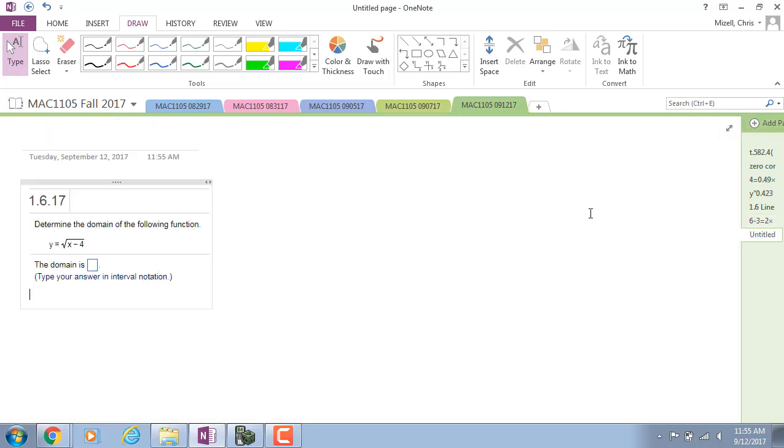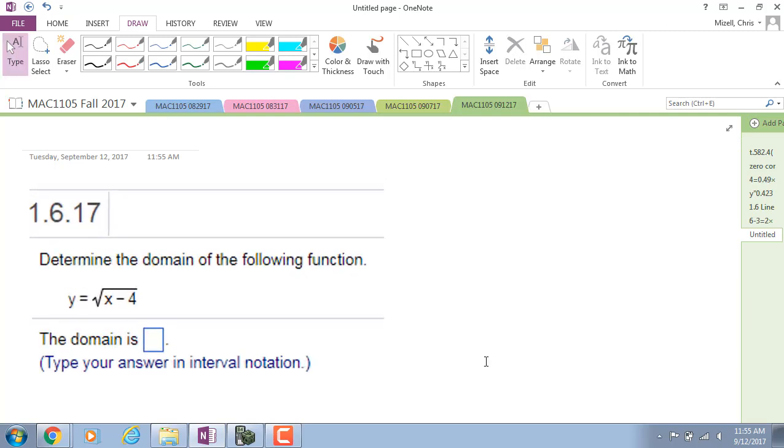So how about 4? If you substitute 4 for x, do you get a real number for y? 4 minus 4 is 0. What's the square root of 0? 0. 0 is on the real number line, so it's real. So 4 is in the domain. How about 5? Is 5 good?